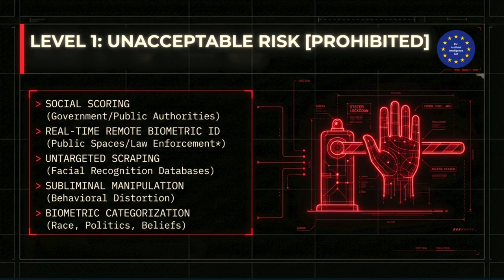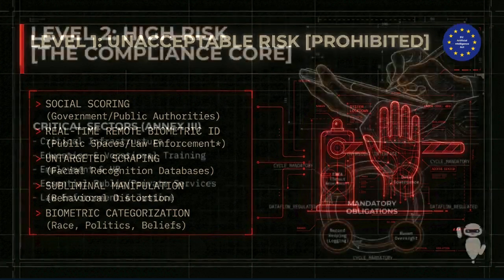If you do something against the law, your credit score is decreased. It is not allowed in the EU. If you want to build or develop such a system, it is illegal in the EU.